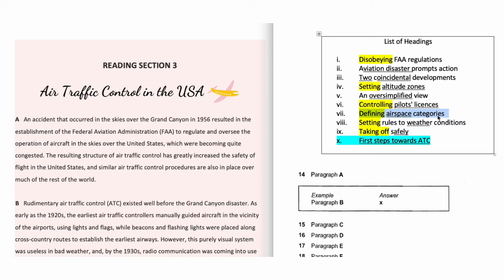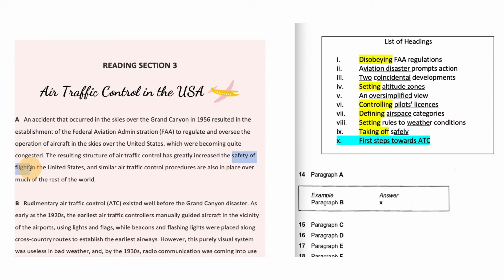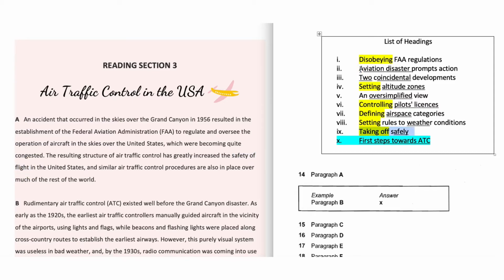We don't have any mention of airspace. 8, setting rules to weather condition. Again, no weather mentioned here. Taking off safely. There is kind of an idea of traveling safely or the safety of flights, which is there, but it's not the main idea of that paragraph. So number 2 would be the right answer, and we're going to highlight it.